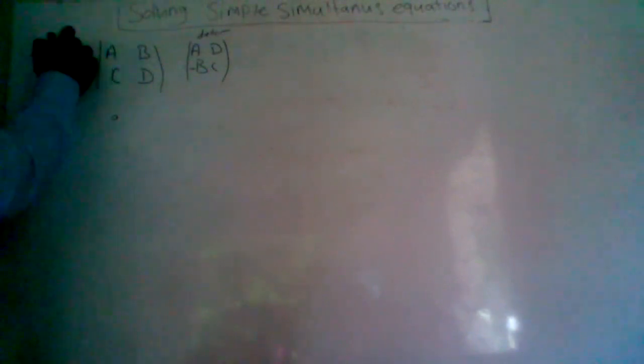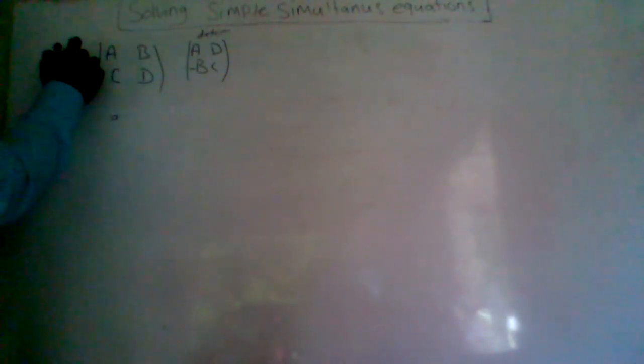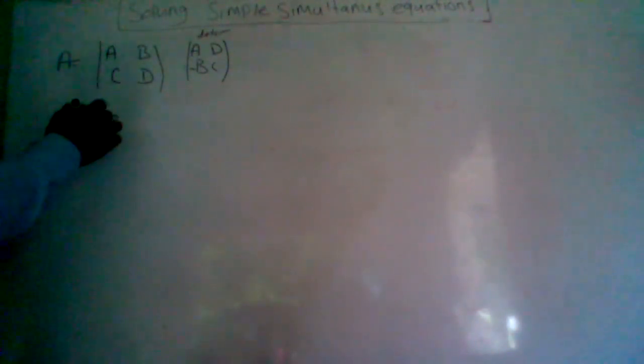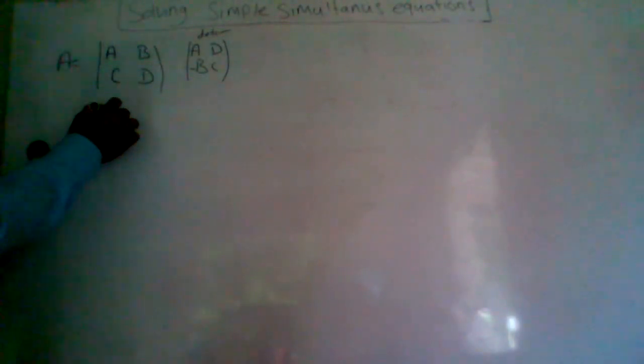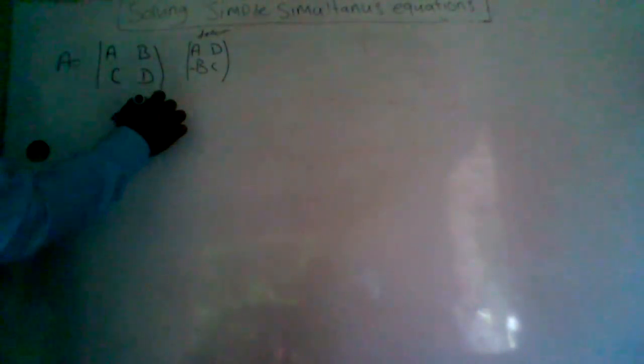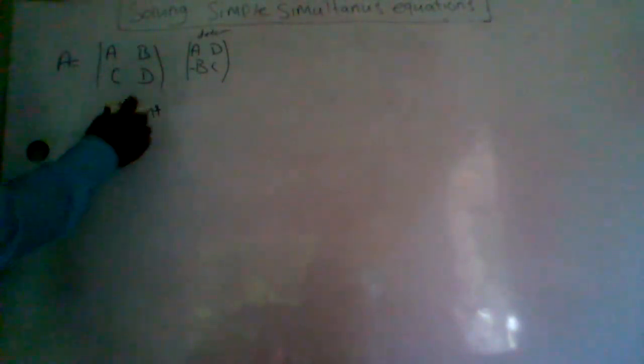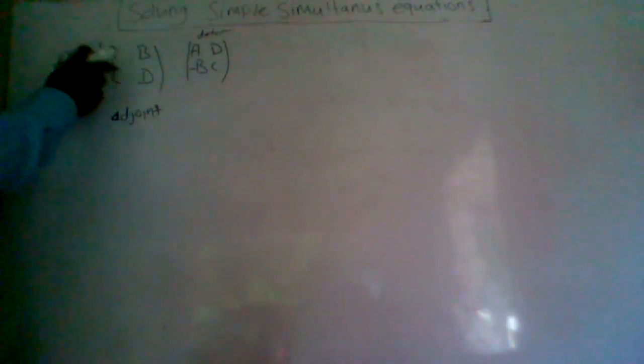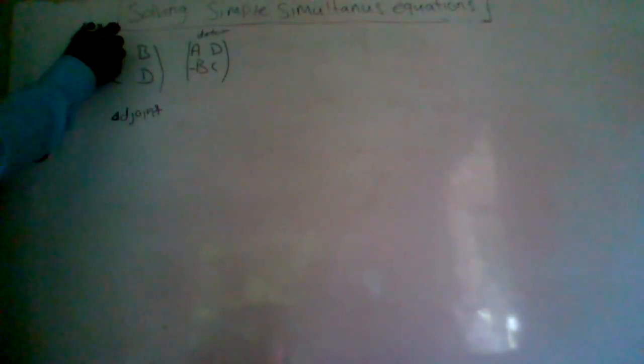The adjoint of this matrix. Call this matrix A. So the adjoint of this matrix would be, you would interchange the leading diagonal, which would be AD.